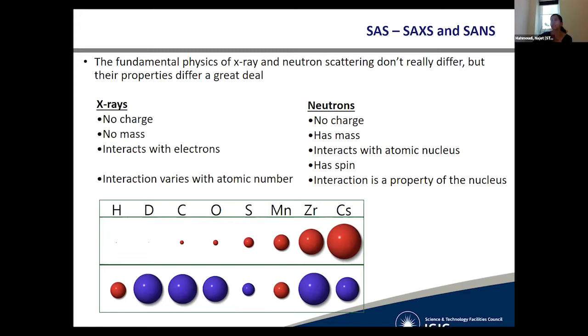X-rays interact with electrons, so the interaction varies with the atomic number, while neutrons interact with the atomic nucleus, so the interaction is a property of the nucleus. And as you can see here, and you saw this before, the scattering length density varies quite randomly with the atomic number.